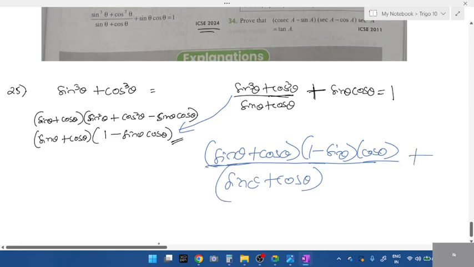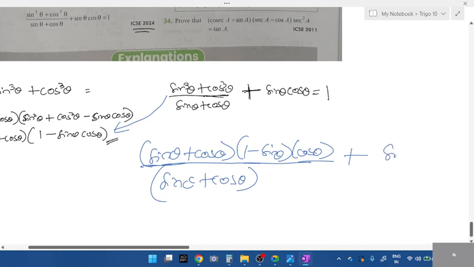Then we have plus sin theta, I'm solving the left hand side part. Sin theta plus cos theta. Which one gets cancelled? These two get cancelled, right? Both get cancelled, right? Bracket. What is left, students? 1 minus.